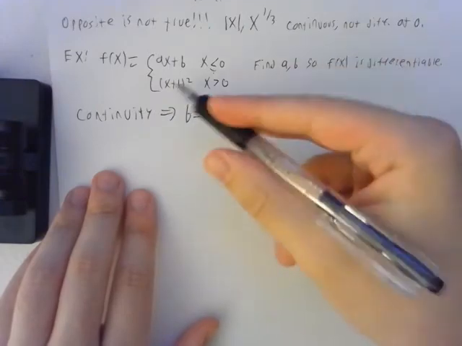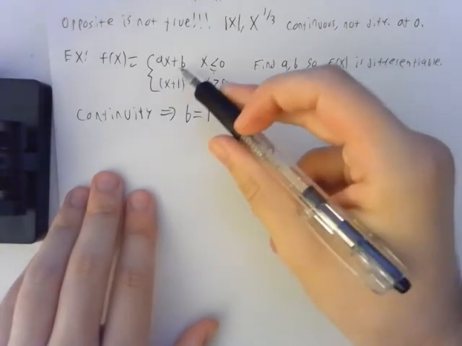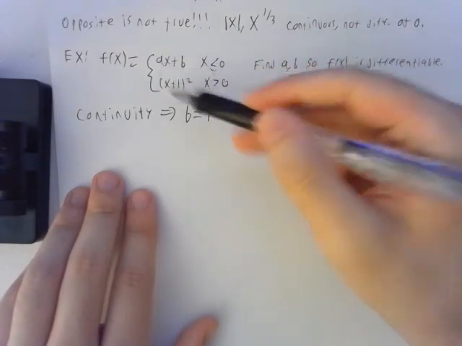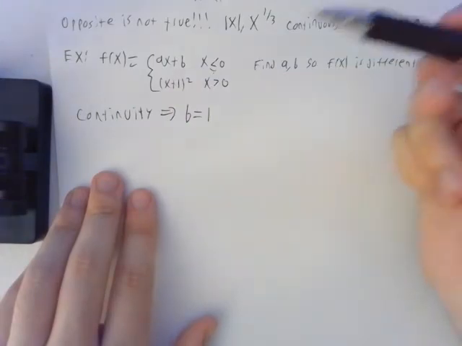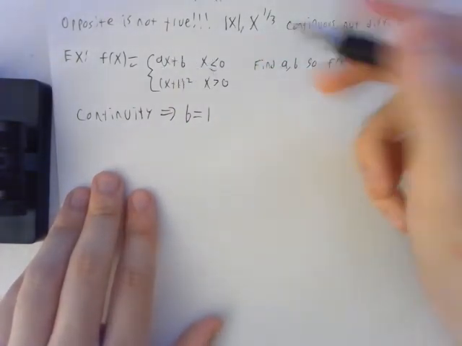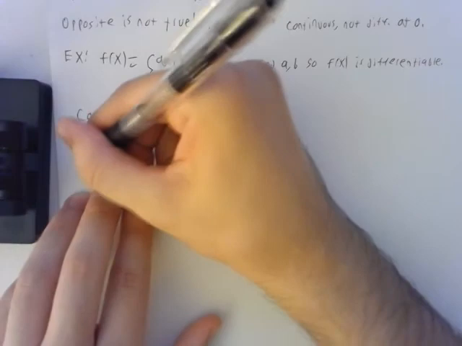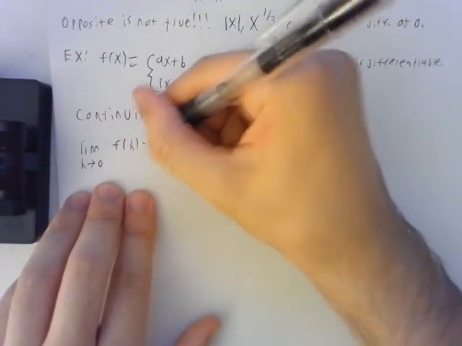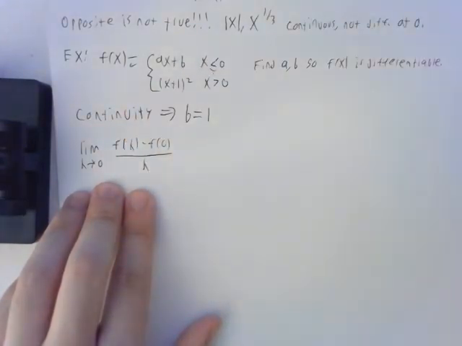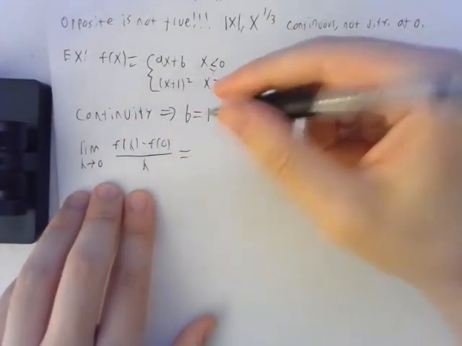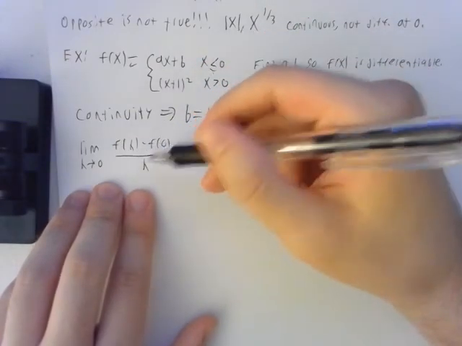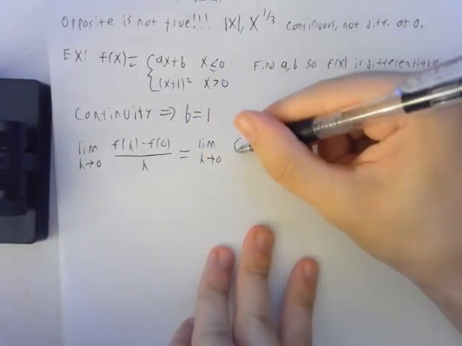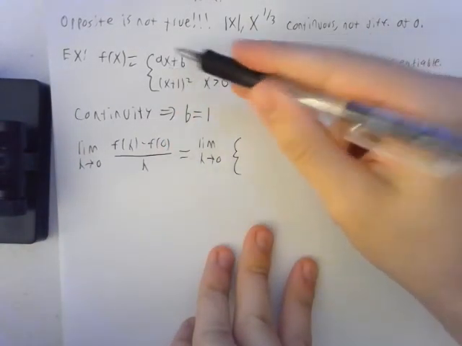Next, we want to make sure that it actually is differentiable, so we have to check the definition of the derivative at x equals 0 and see if it exists and what value of a we need for the limit to exist. So let's look at the limit as h approaches 0 of f of h minus f of 0, divided by h. Since f of x is a piecewise function, this limit will also be piecewise. If h is less than or equal to 0, we use the top formula.